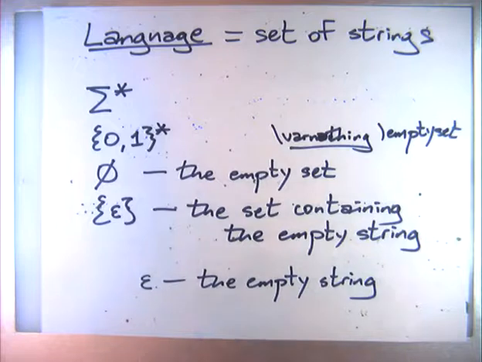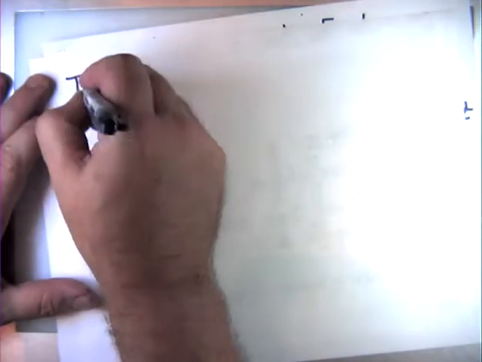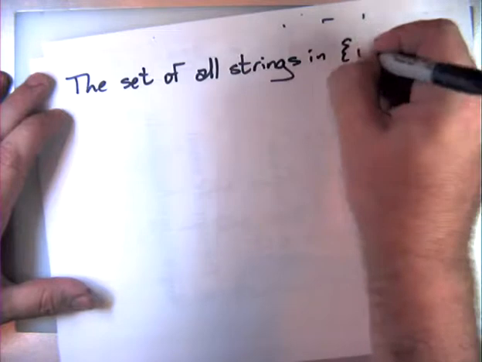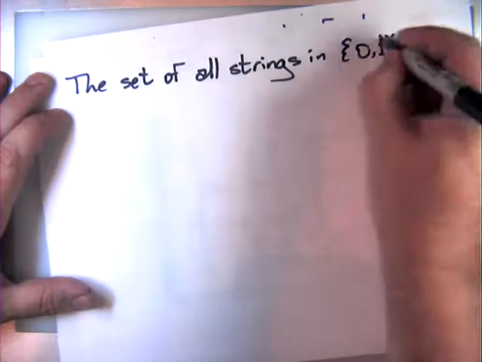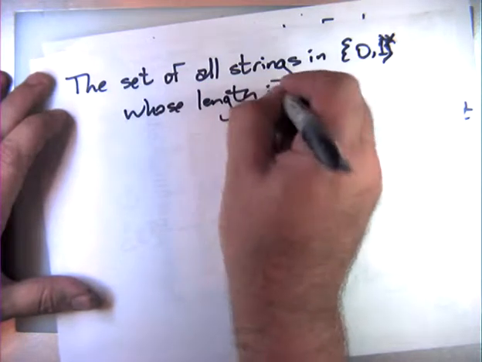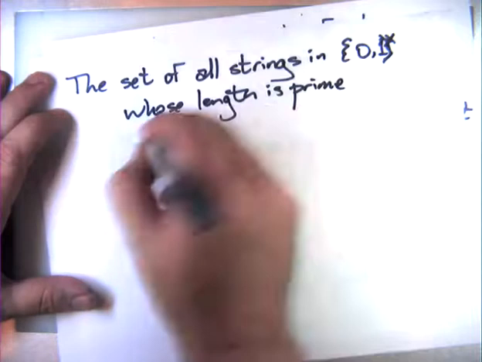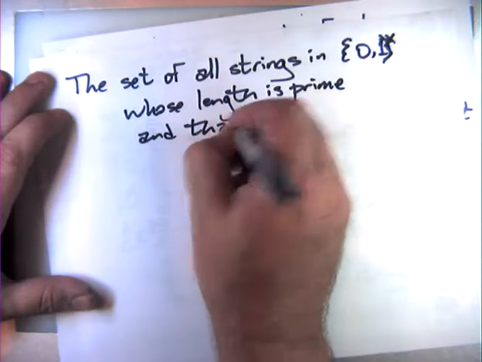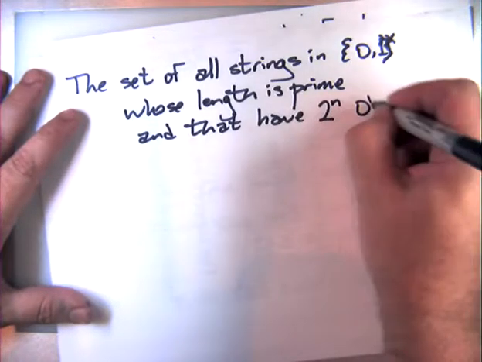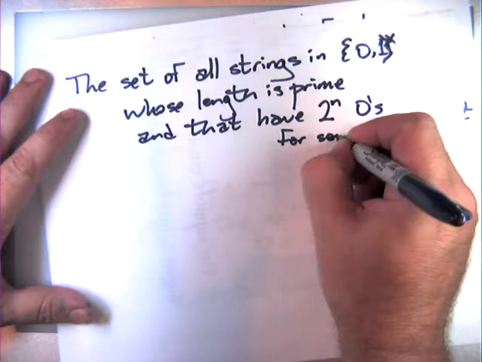But you can talk about other kinds of languages. You could say, the set of all strings in {0,1}*, whose length is prime, and that have 2^n zeros for some integer n.